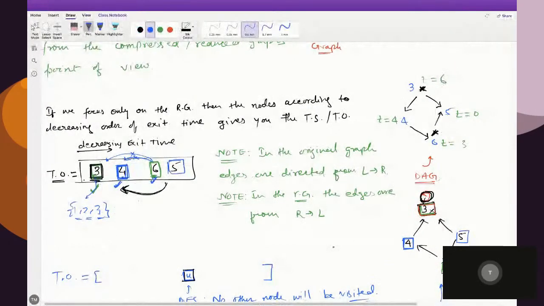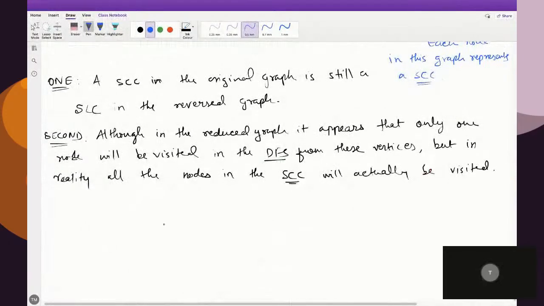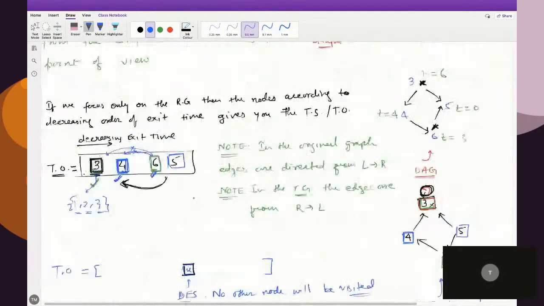So my question still remains: why do we reverse the graph? We could have also done that in this fashion, right?